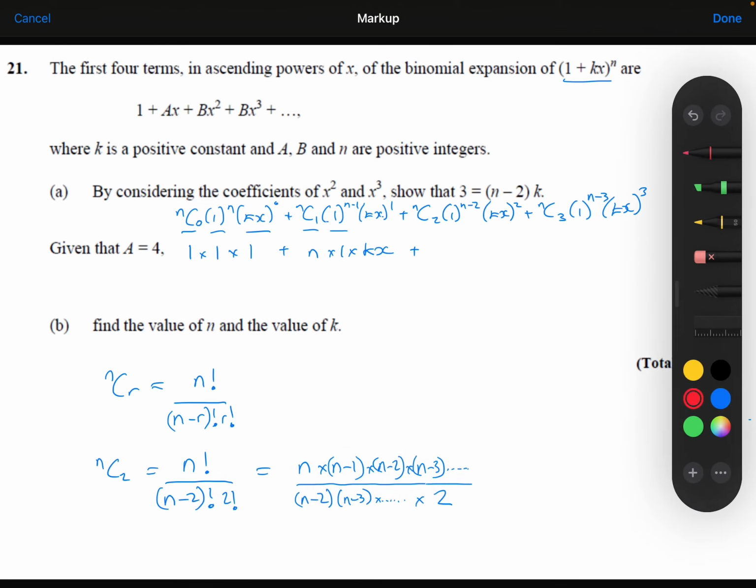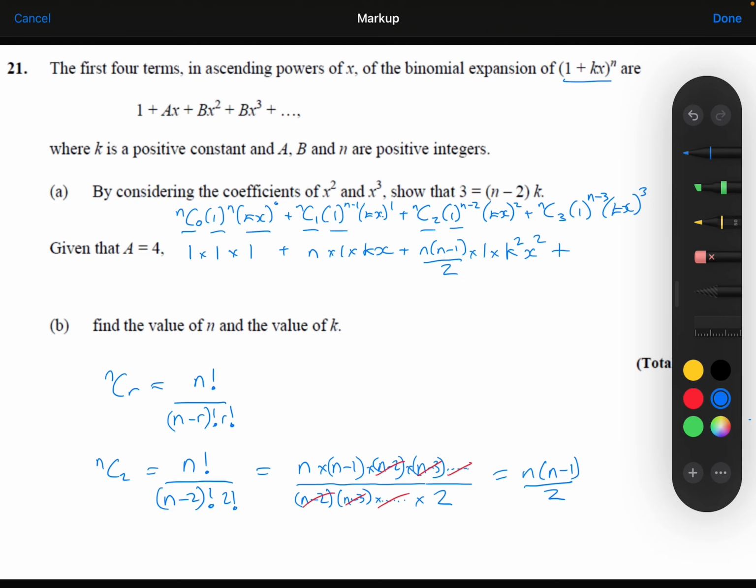The (n−2)s cancel out, the (n−3)s cancel out, and everything after that, just leaving n(n−1) over 2. So that is my nC2. Then my 1 to the power n−2 is just 1, and my (kx)² is k²x².